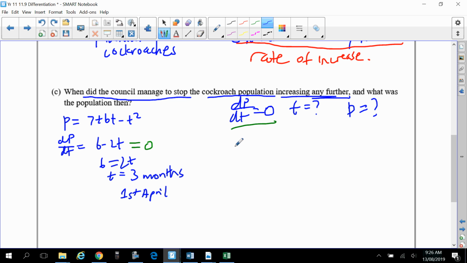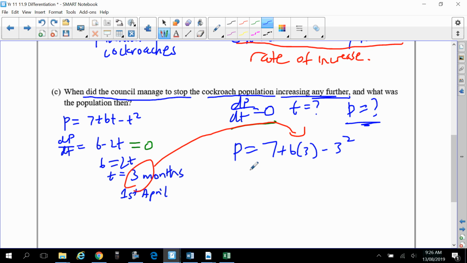And then we go, okay, P equal to that. What's the population then? Probably has already gone very big. So let's try. 7 plus 6 times 3. After 3 months, what's the population of cockroaches? You don't want to go to that suburb, but I think it's a fictional suburb.